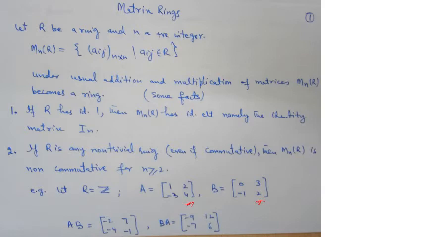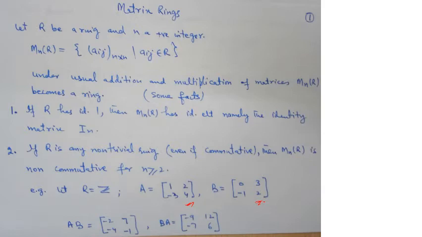Then AB is minus 2, 7, minus 4, minus 1, and BA is minus 9, 12, and minus 7, 6 as the second row. And we see that AB is not equal to BA. So the matrix ring is one of the examples of a non-commutative ring.